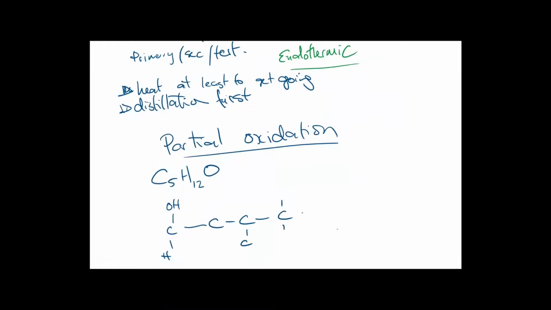So these all need their hydrogen. Each of these carbons has to have 4 bonds. 1, 2, 3. It needs hydrogen to be whole. This needs 3 hydrogens to be whole. This needs 2 hydrogen. And this has got 1, 2, 3, so it needs another hydrogen. So that's what we would start with. What would it be? 3-methylbutan-1-ol, I guess, because the alcohol is on the first carbon there.